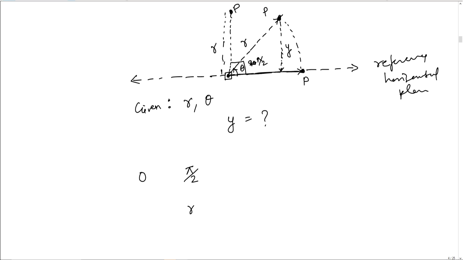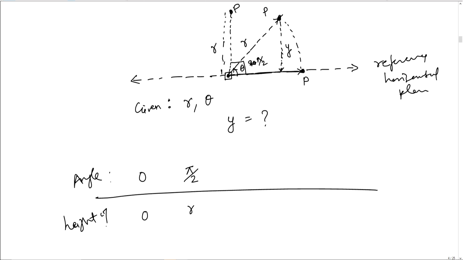So, when the angle was 0, the height of point P was 0. When the angle was pi by 2, the height of point P with respect to the ground was r.